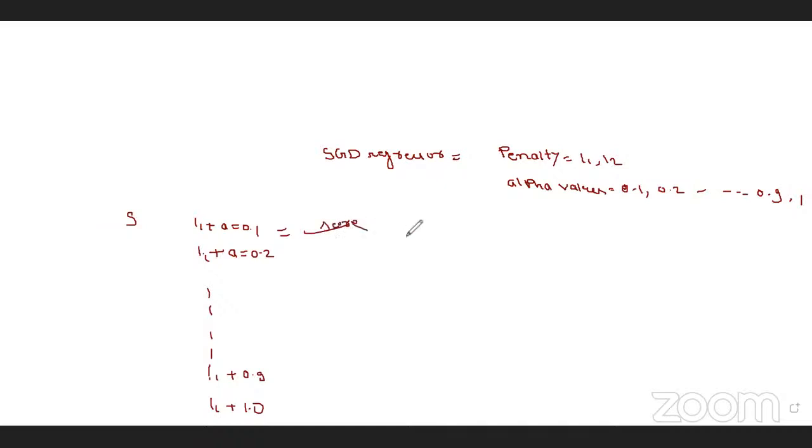Then again it will go with L2 plus 0.1 alpha value, L2 plus 0.2, L2 plus 0.3, and similarly up to L2 plus 1.0 alpha value, and again it will calculate all the scores.